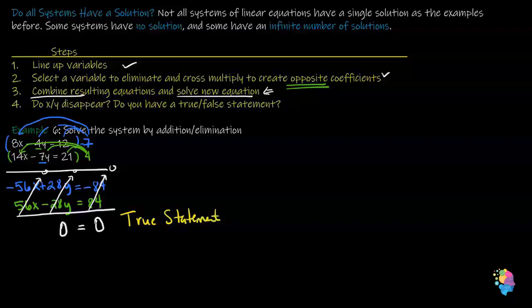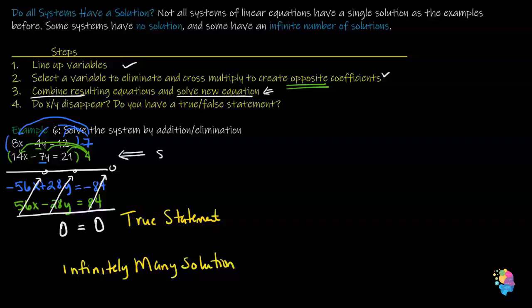So what this means for us is that this system has infinitely many solutions. If we were to graph them, that means that these are the same graph, the same line. One line will land on top of the other.